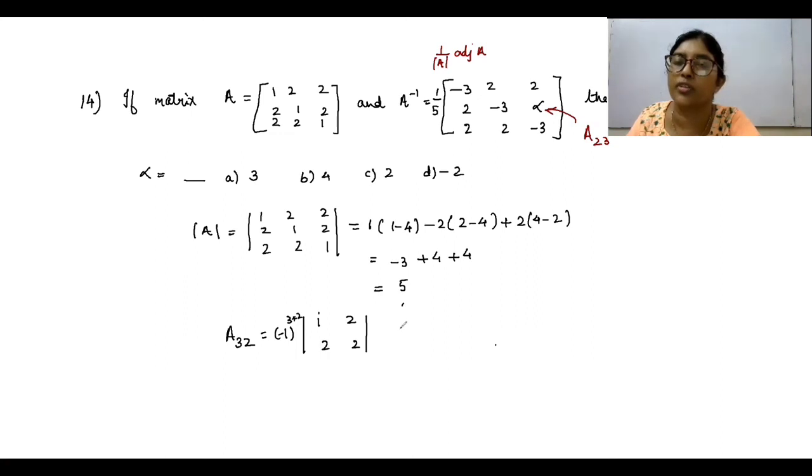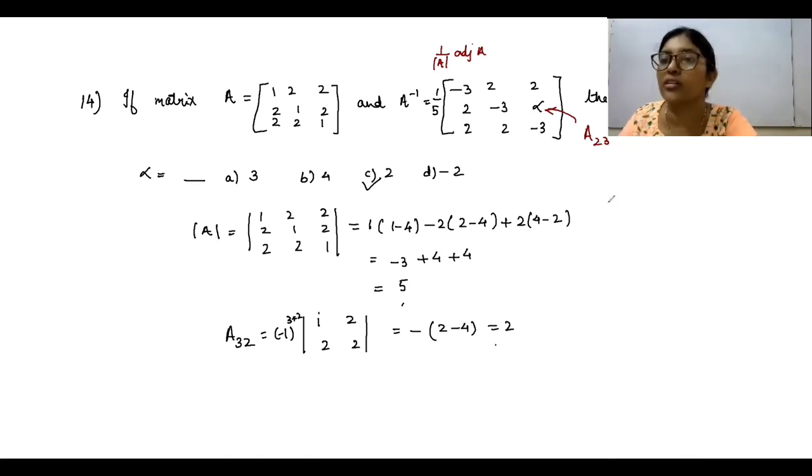That's how we find the cofactor. So minus of 2 minus 4, the value is 2. So our alpha value is 2. The only confusing thing here is some students look for alpha as 2, 3 and that turns out to be wrong. You should remember that adjoint A is actually obtained as transpose of the cofactor. So first interchange this and then look for the cofactor.